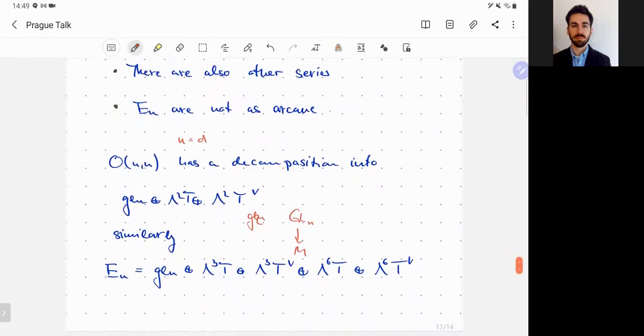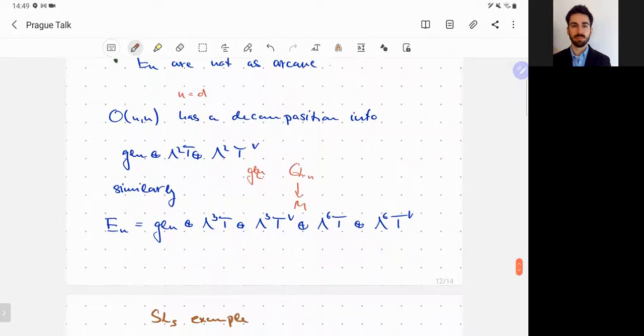Instead of having this GLN with two forms and two vectors, you can do different extensions. And if you look at what is happening for EN, if you decompose it under GLN, you find that it has a similar structure.